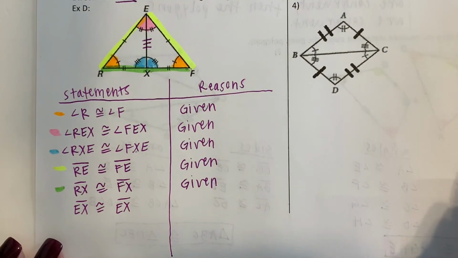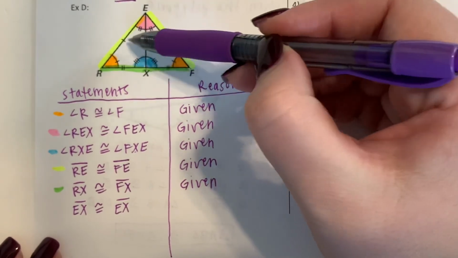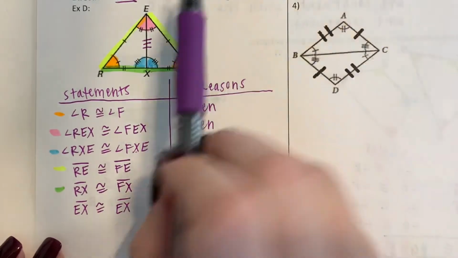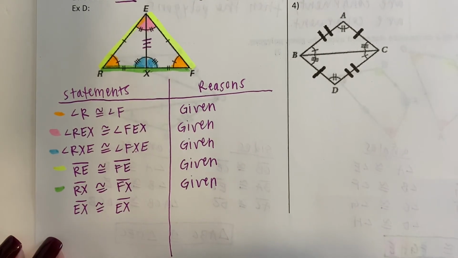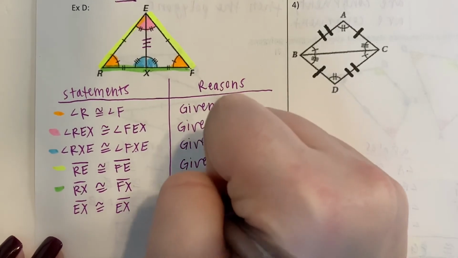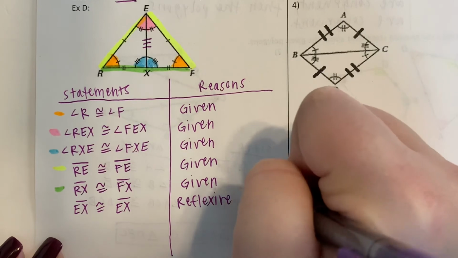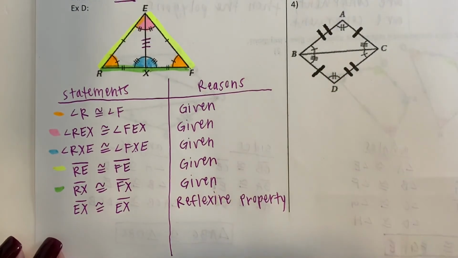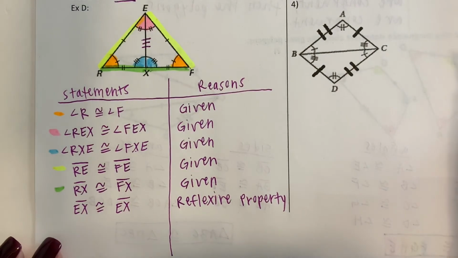And the reason for this is because this is a shared side. It is being used by both triangles. You can think of it as this side is like being flipped. It's being used in both figures here. And the reason is something called the reflexive property. Hopefully you remember that from when we worked with proofs. Reflexive property allows us to say that this side EX is congruent to itself.